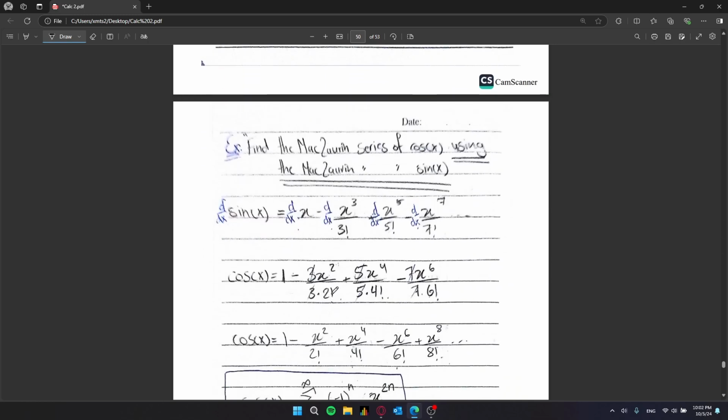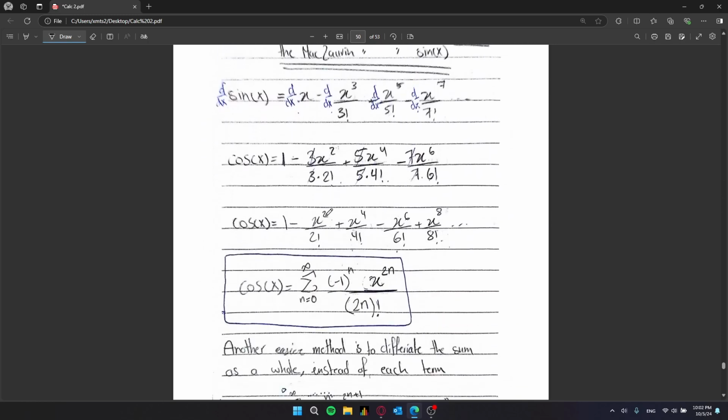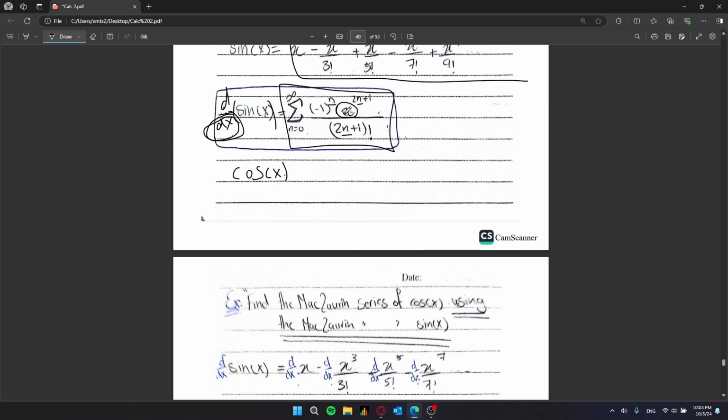You will be left with x to the power of 2 over 2 factorial, plus 1 minus x to the power of 2 over 2 factorial plus 4, plus x to the power of 4, etc. Or you can differentiate this term here, which is the much easier and simpler way.